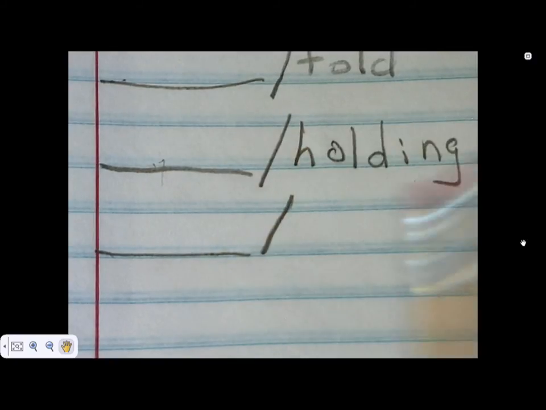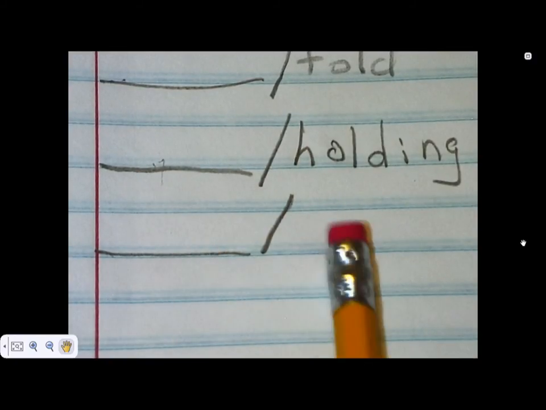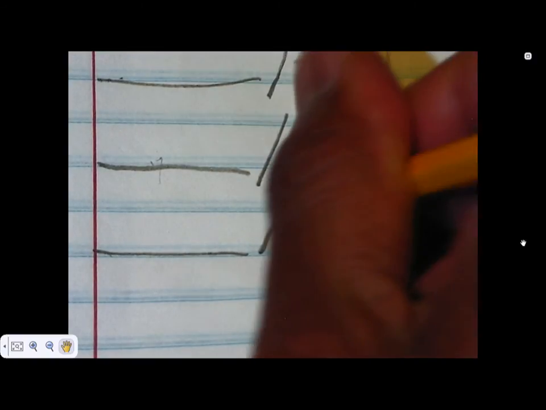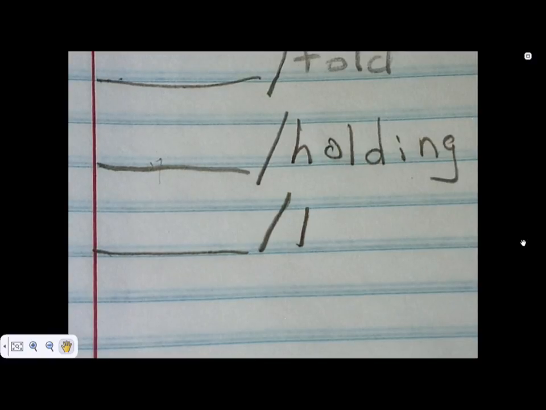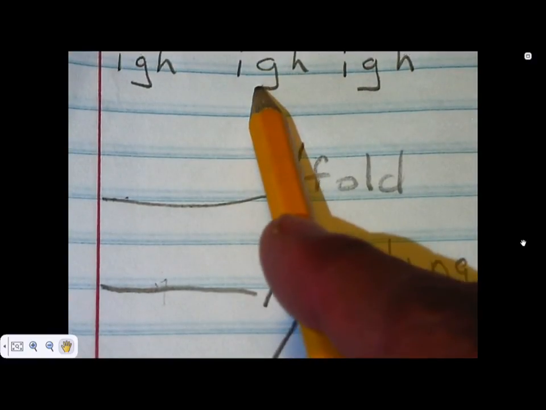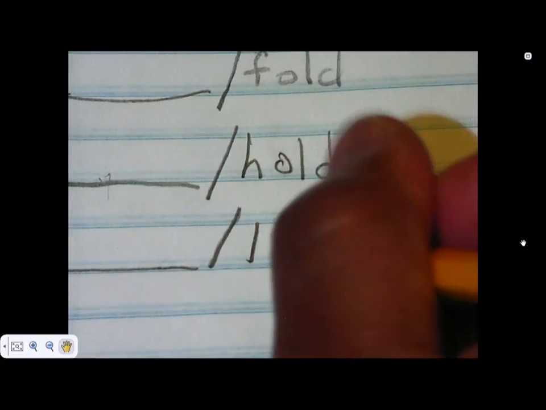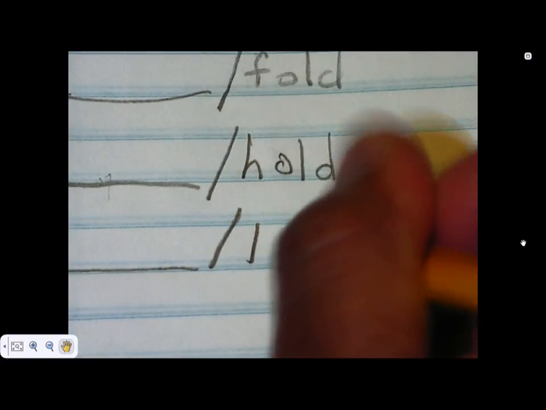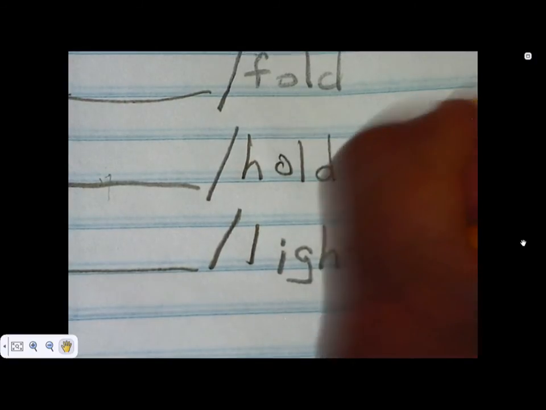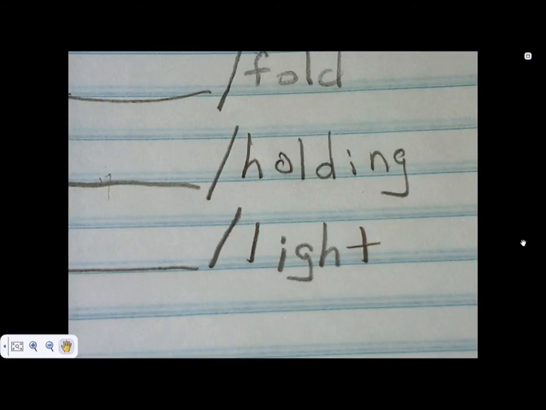This line is going to separate what you attempted from the correct spelling. So light, the sounds are L, I. I told you that today we're trying to spell the I sound I-G-H, so I-G-H, spelled with a T. Light.